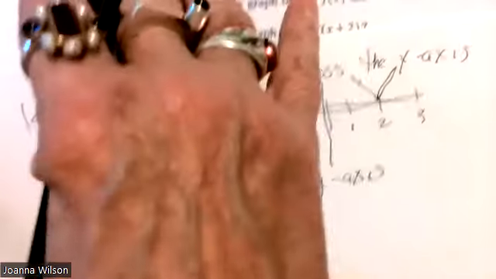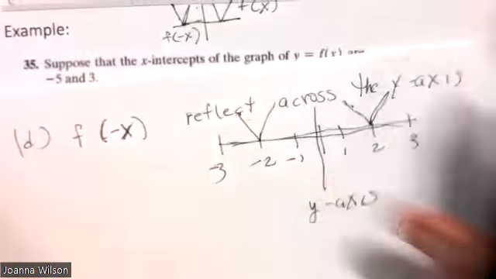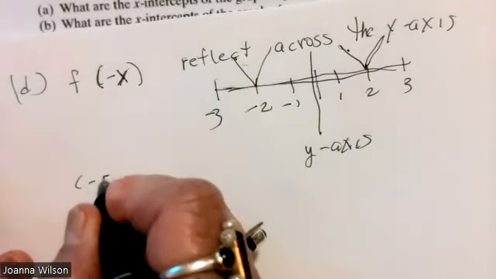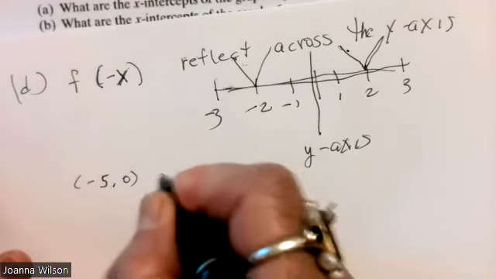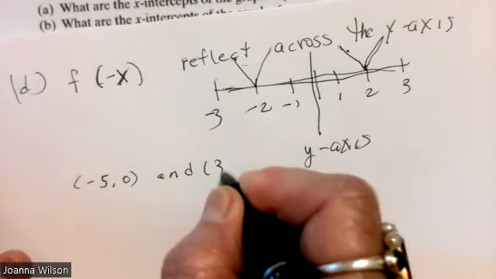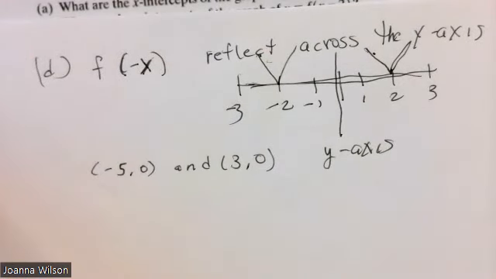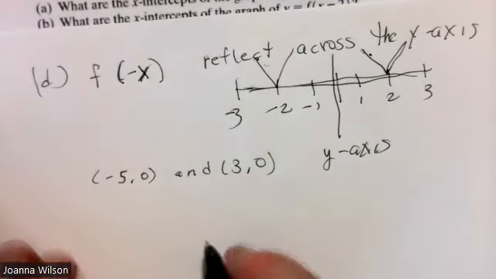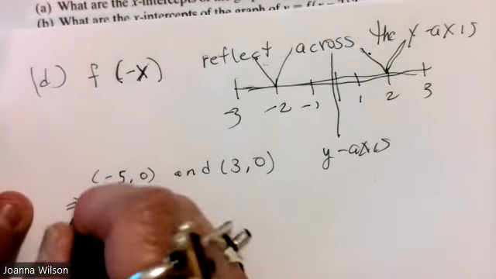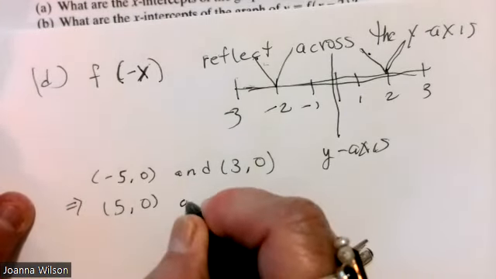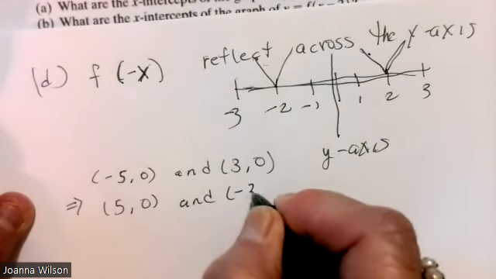So now that would change the x-intercepts, and our x-intercepts were (-5, 0) and (3, 0). So we're multiplying the x by -1. That means the x-intercepts are going to be (5, 0) and (-3, 0).